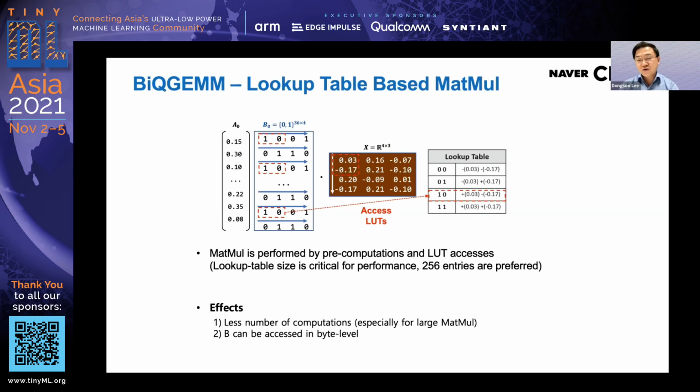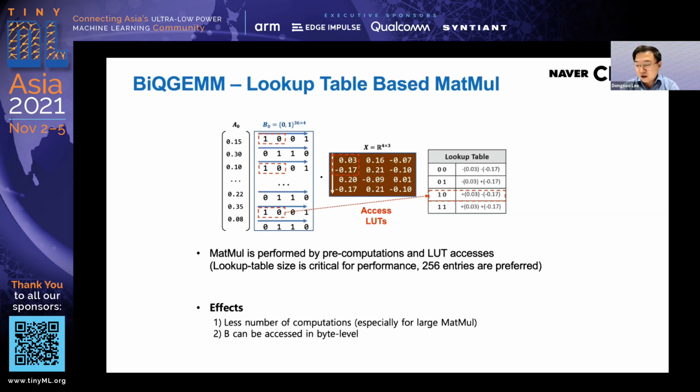If you look ahead using 2 bits, then a lookup table has 4 entries and all 4 possible computations are performed in advance. Then a part of a binary matrix becomes an index to access a lookup table. Even though the size of the lookup table is controlled by a few trade-off factors, in general, 256 entries are preferred to optimize the performance.